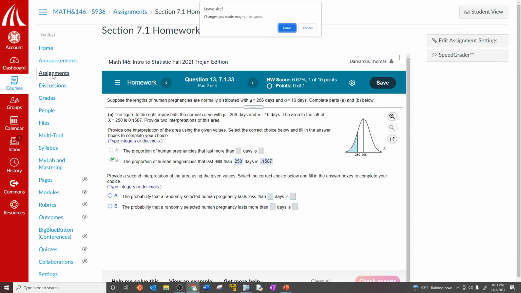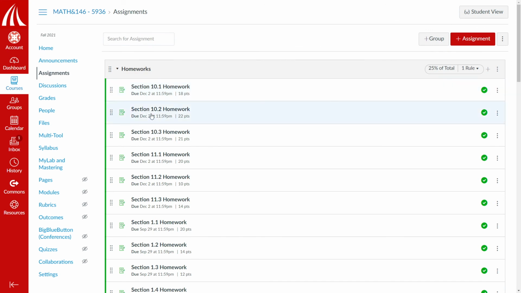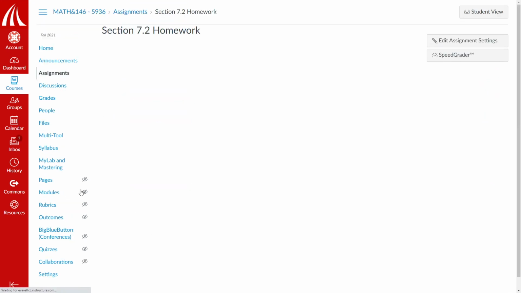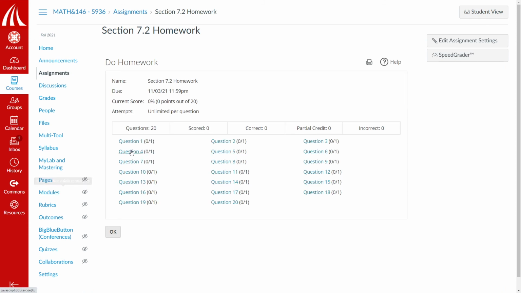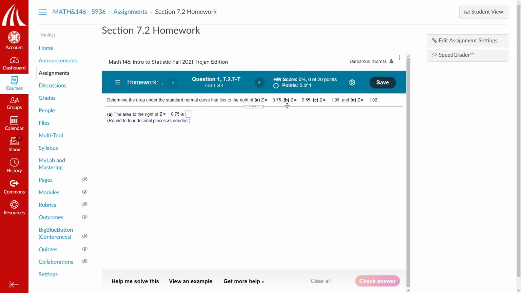Alright, well, let's take a look at 7.2. We have a little bit more questions here. 7.2 is a little bit more important. You really got to be good at 7.2. The area to the right of z. Well, if we're talking about the area to the right, this would be our lower bound.